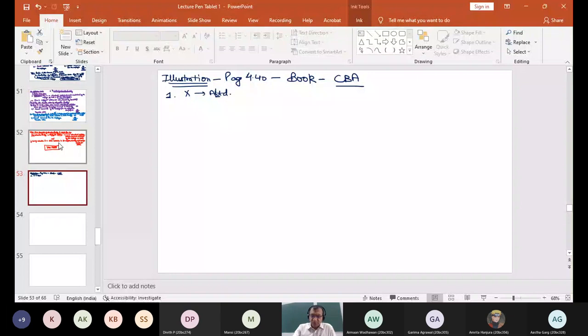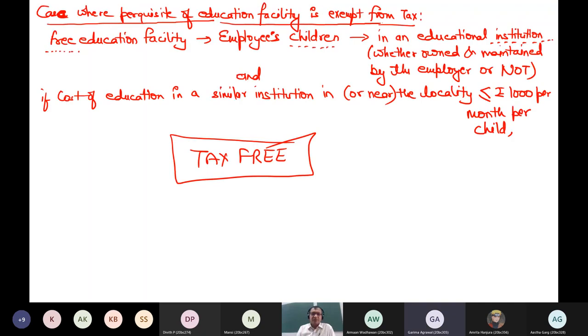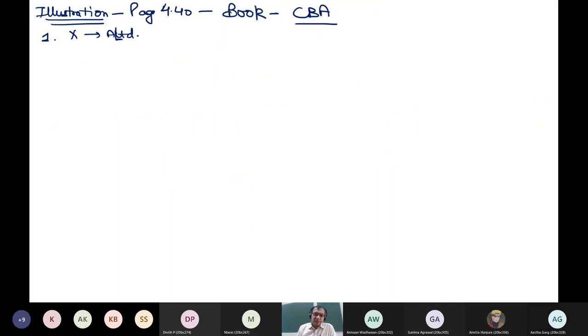Is this theory visible where I have written that exception? Wait a second. Yes, it's visible now, sir. Was this page visible earlier? Yes, sir. And is this page visible now? Yes, yes, sir. Okay.